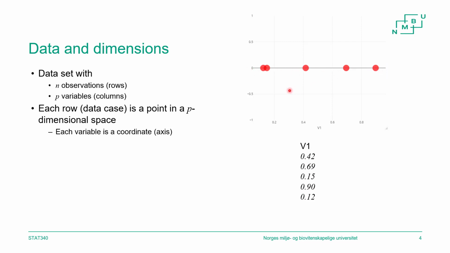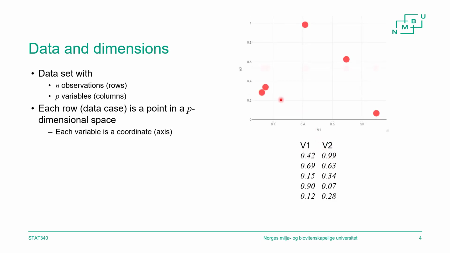If you add a second variable, then we will need a coordinate system consisting of 2 axes. The V1 axis is horizontal, the V2 is vertical here. And again, each data case, each row, corresponds to a point here.